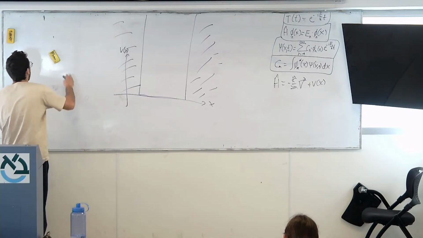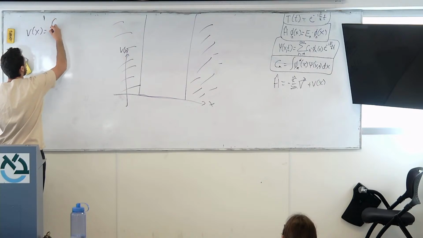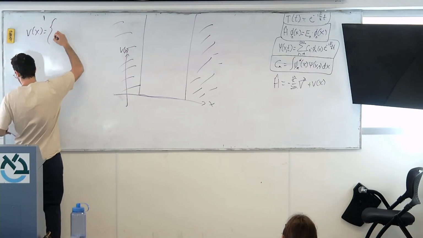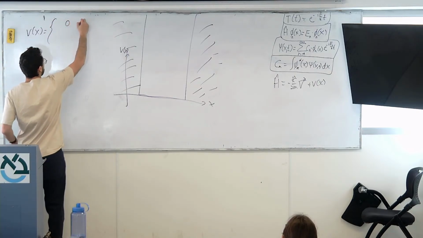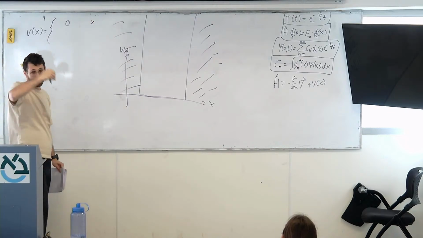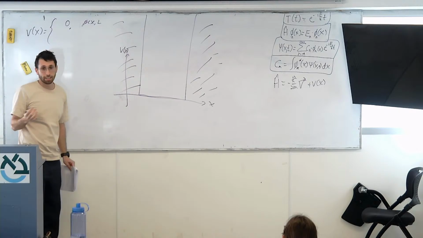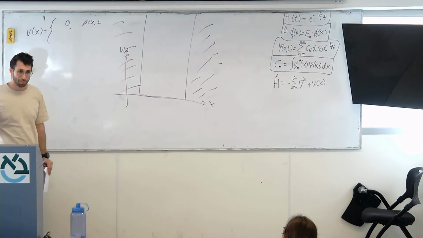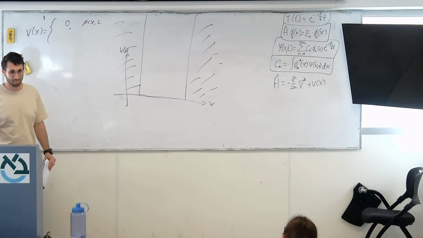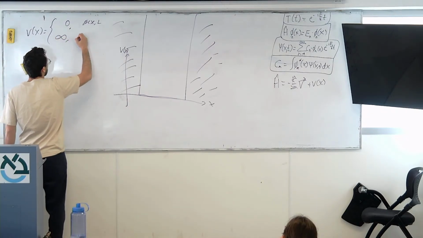How do we write it mathematically? V of x equals 0 where x is between 2 points. Usually we will denote those points as 0 and L, because if it's between A and B, I can always change coordinates and solve it for these new coordinates, and infinite otherwise.